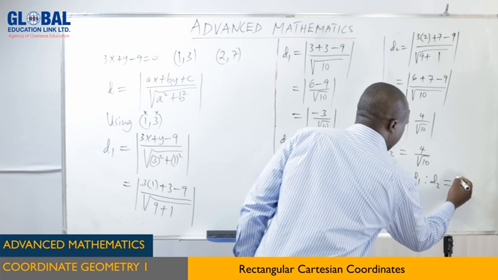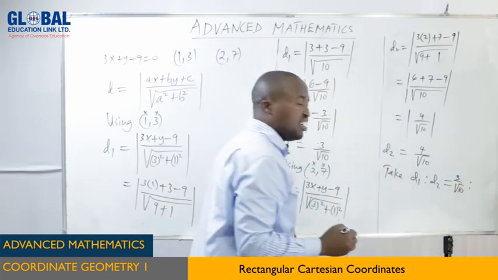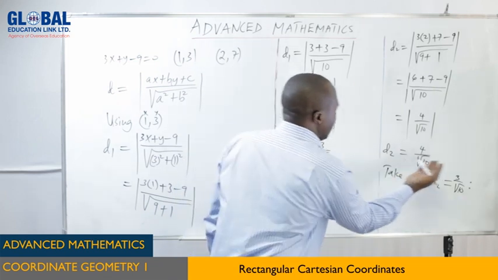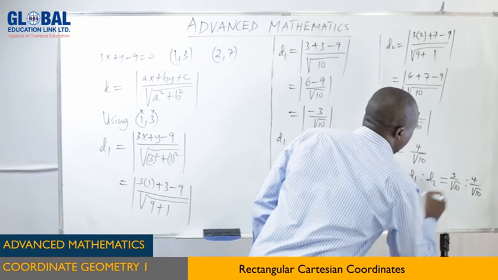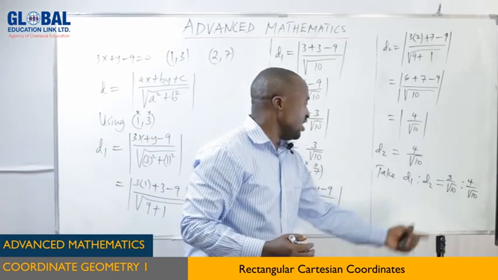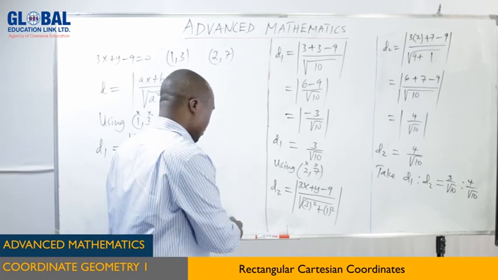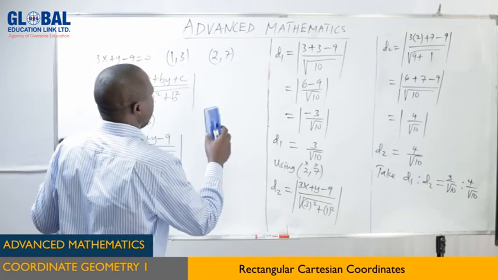So we have 3 over square root of 10 ratio D2, it is this one, that is 4 over the square root of 10. Now let us simplify this equation to see the final answer.